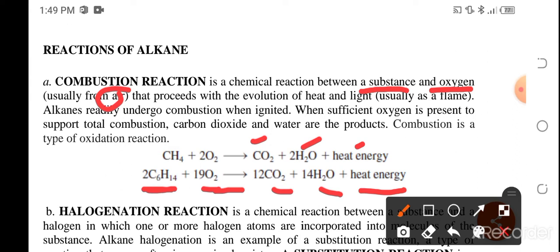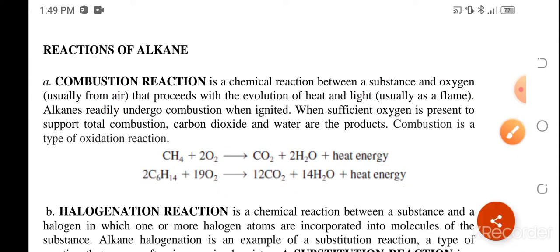Paano mag-balance? Kailangan yung count ng carbon atom sa reactant side ay dapat equal sa count ng carbon atom sa product side. Ganon din sa hydrogen, dapat equal yung nasa reactant at nasa product. Same is true for oxygen. Okay?